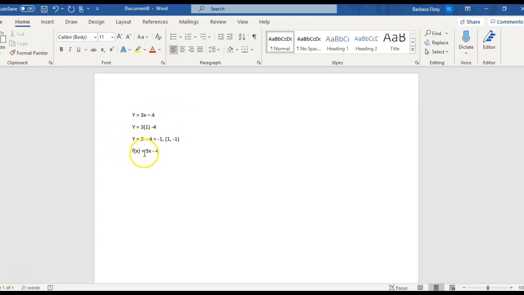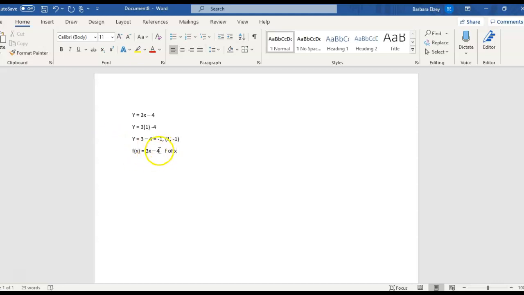All right. So now notice this equation that I've written right here looks almost exactly the same as this one here, but instead of having a y there, I have f of x. And we read that f of x when we say it, f of x. It means the function with x as its variable. Okay, so the function of x.